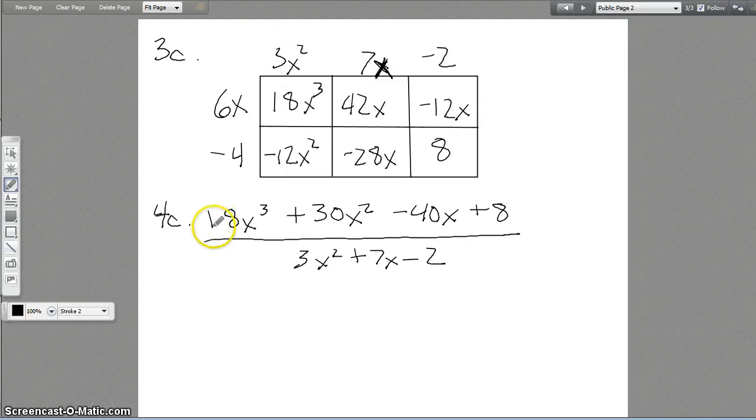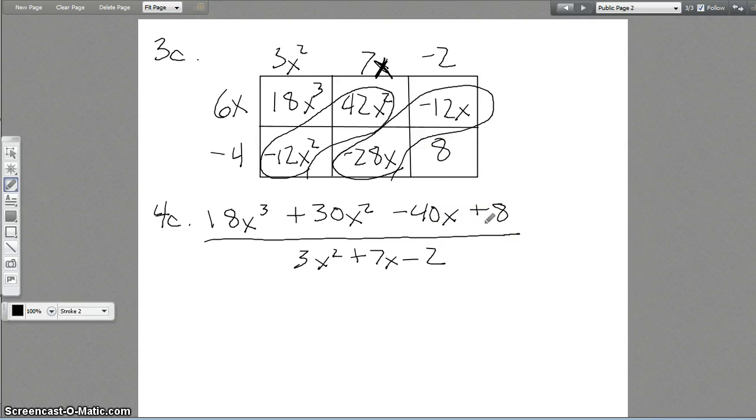And what we're dividing it into, which is the top part here, well, there's 18x cubed, that's what we have in this box. 30x squared, well, 42x squared minus 12x squared is 30x squared. And then we have a negative 40x. Well, negative 28x plus a negative 12x is going to be negative 40x. And then we have an 8, and there's our 8.